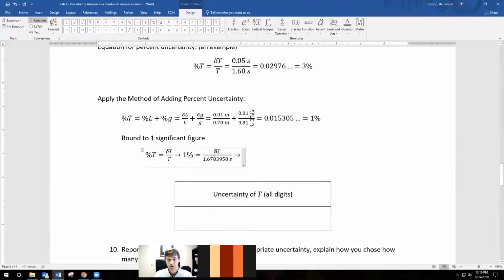But if you solve for the uncertainty of the period, it will equal 1% times 1.6783958 seconds, which again would give you as many digits as you might think to keep.